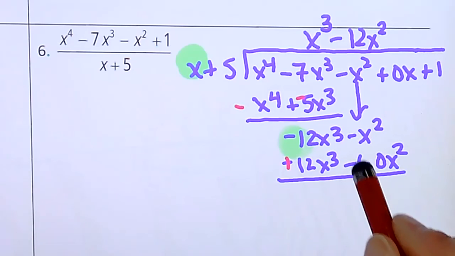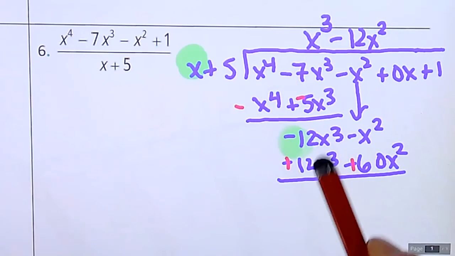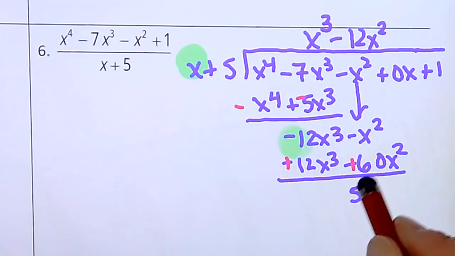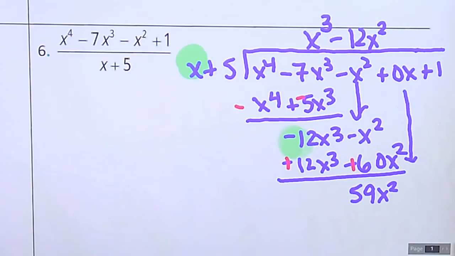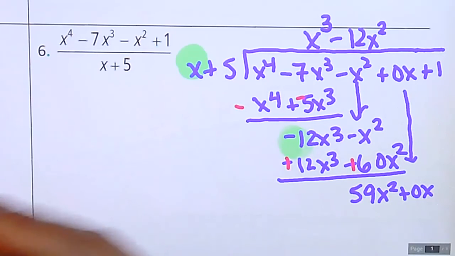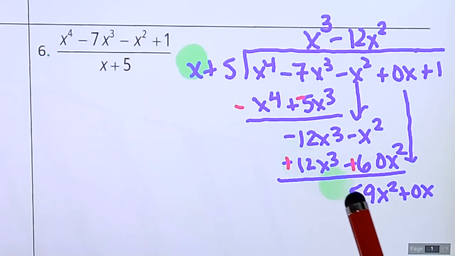I'm going to subtract. So this is a plus, this is a plus, and I'm going to have this cancel out. Here, I'm going to get a 59x squared. I'm going to bring down my 0x. And now, again, I'm going to be focusing on that x into this 59x squared.